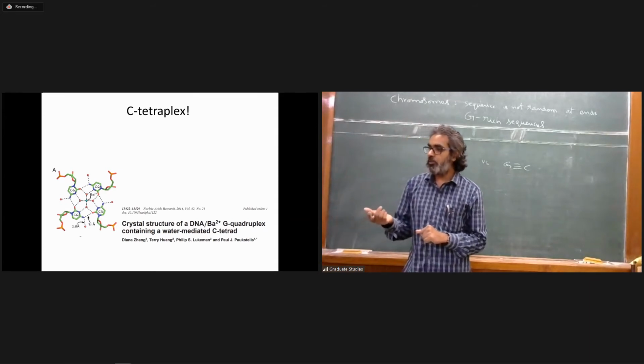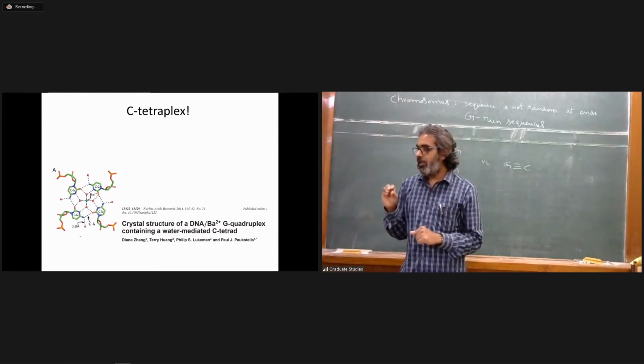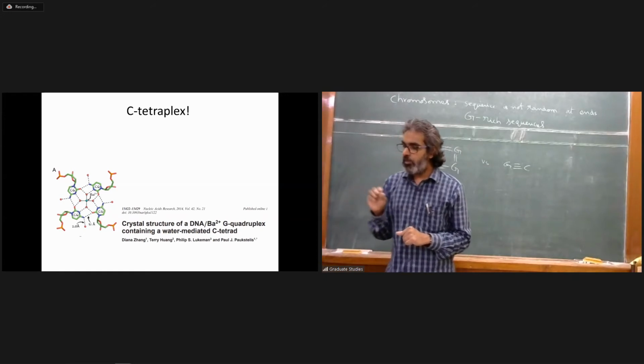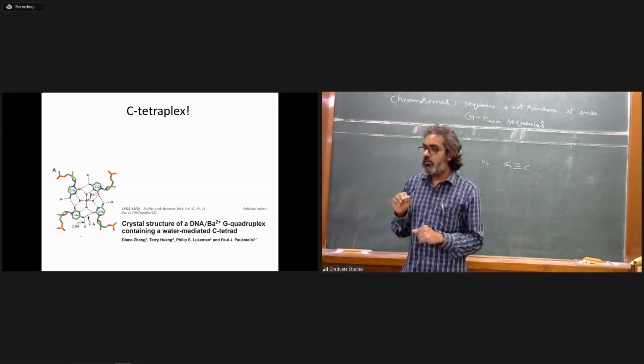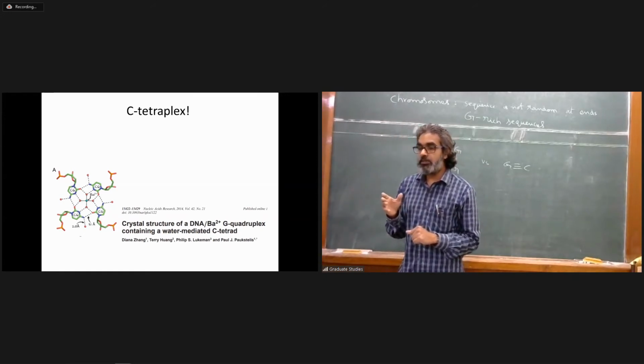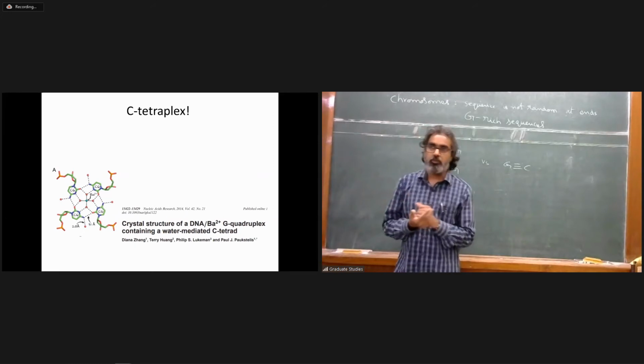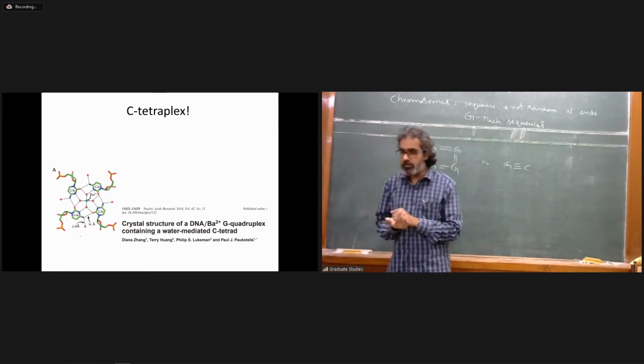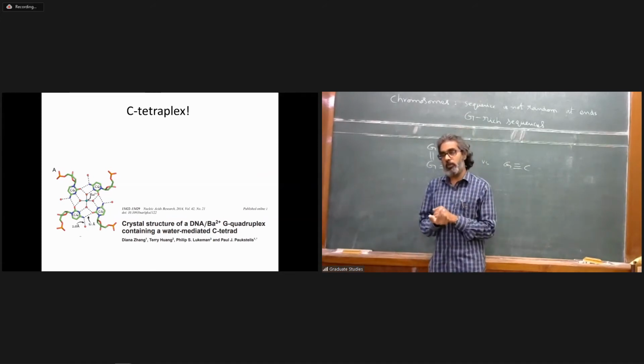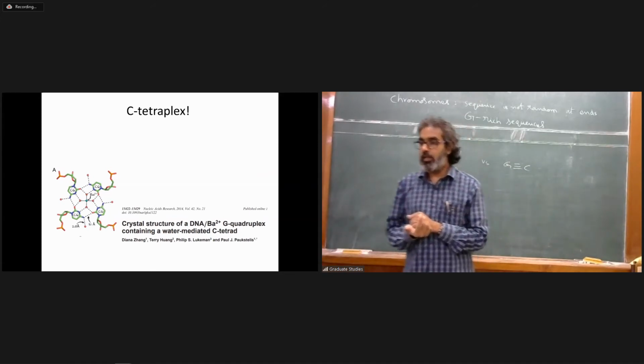This is not a super stable structure, so you need some more stabilizing element. In this case, in vitro, they put barium, but naturally you have potassium, or sometimes sodium, which can stabilize.